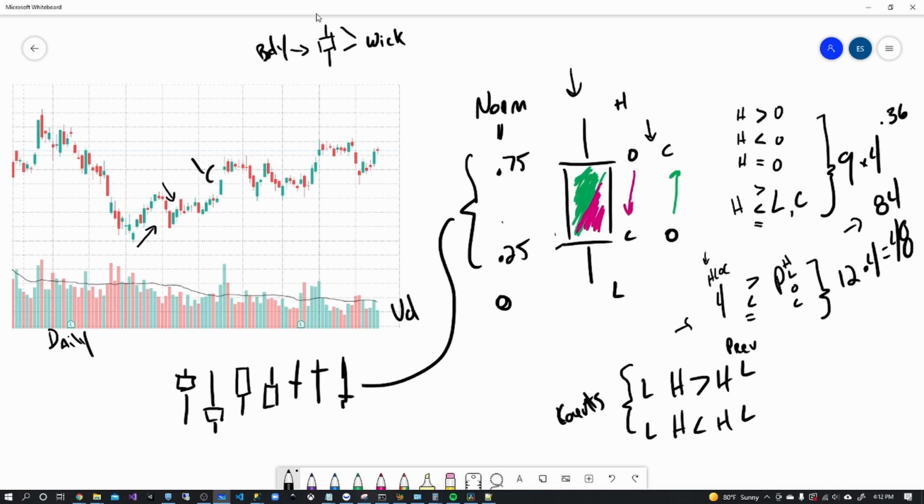So we can start creating and finding patterns, like finding crows, or finding this, an almost star. There's no gap and it's a little too thick, but you know, just all, do we have an engulfing pattern in here? Kind of.